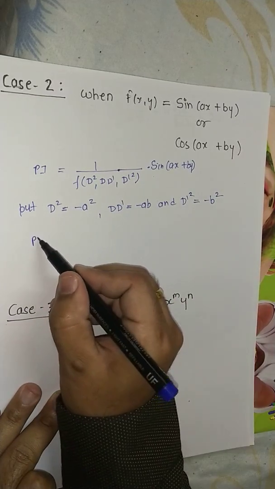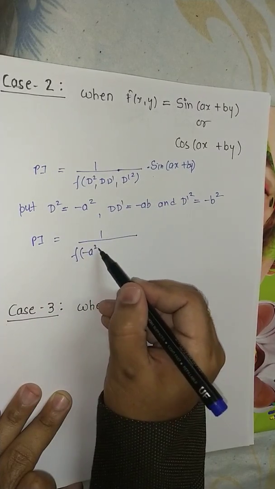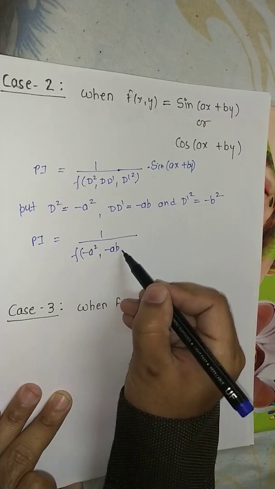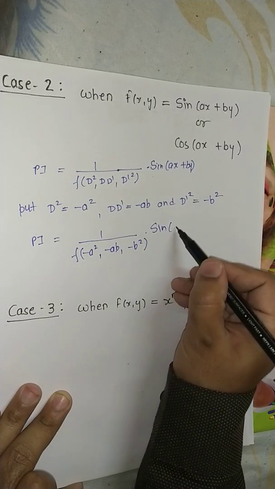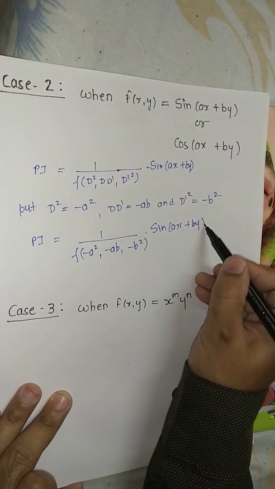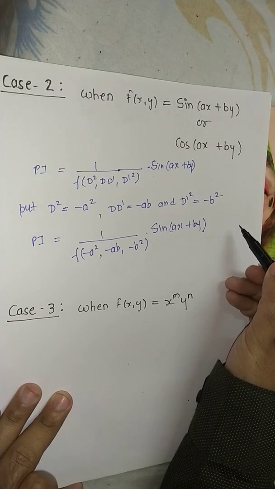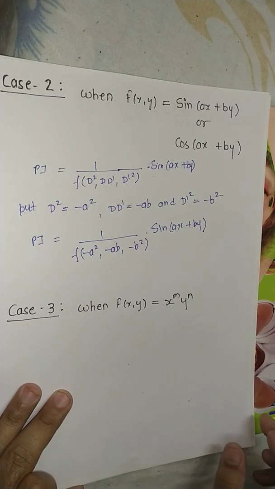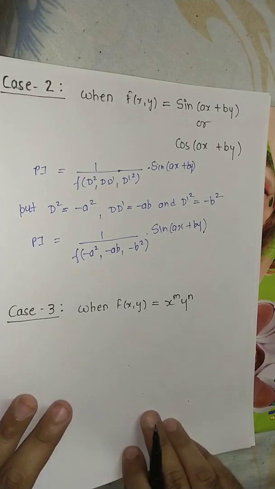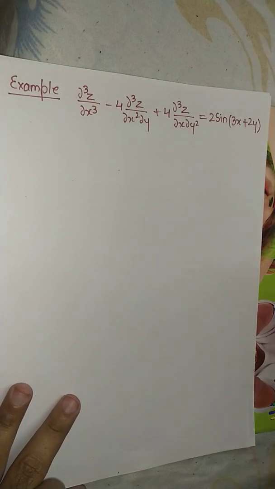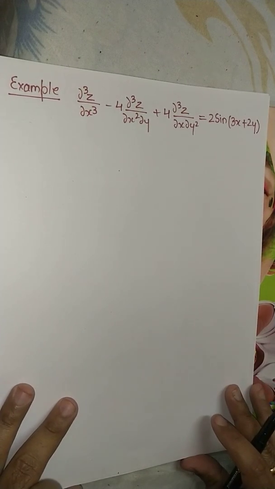So the PI becomes 1 upon f of minus a square, minus ab, minus b square, dot sine of ax plus by, whichever, either sine of ax plus by or cos of ax plus by. So now let us see one example on this case 2. So this is the example on case 2, as we can see.